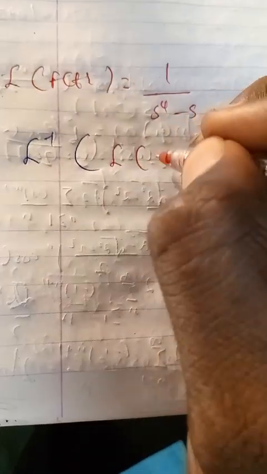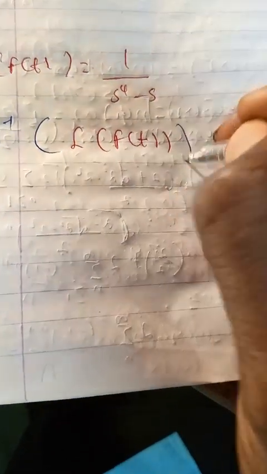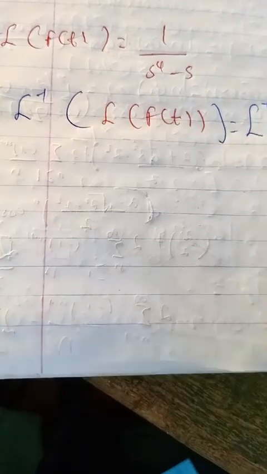Now, taking the inverse Laplace of both sides, I have the inverse of the Laplace transform of f of t is equal to the inverse transform of 1 over s raised to the power of 4 minus s. The inverse of the Laplace transform of f of t will give us f of t.